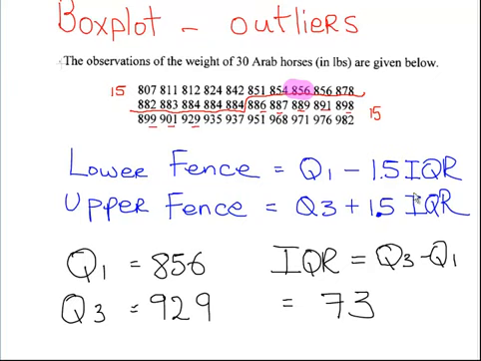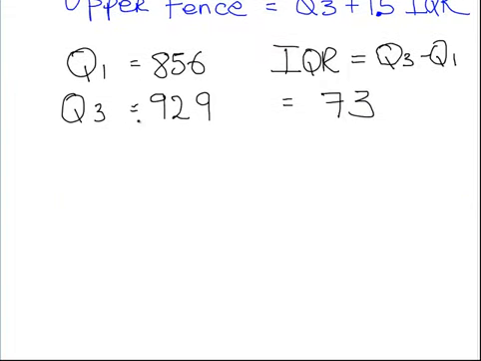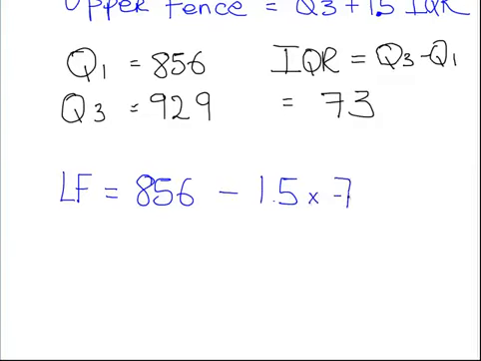So the lower fence is 856 minus 1.5 times 73.